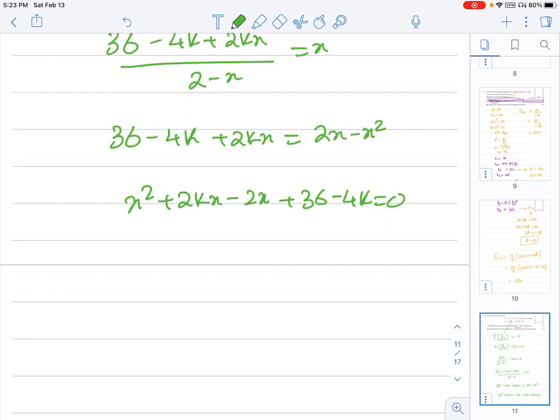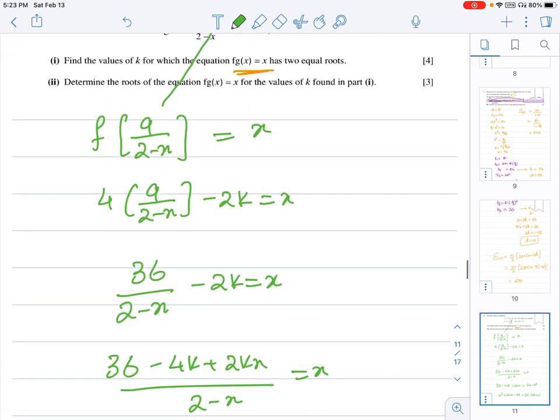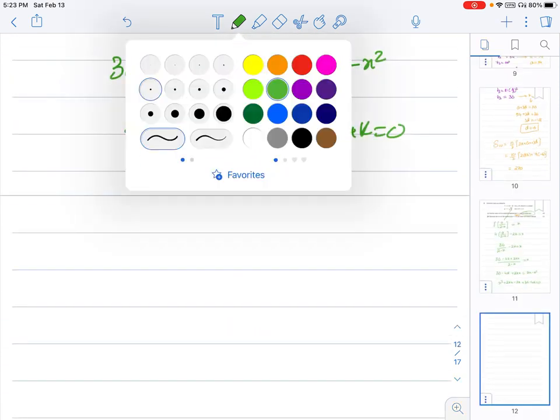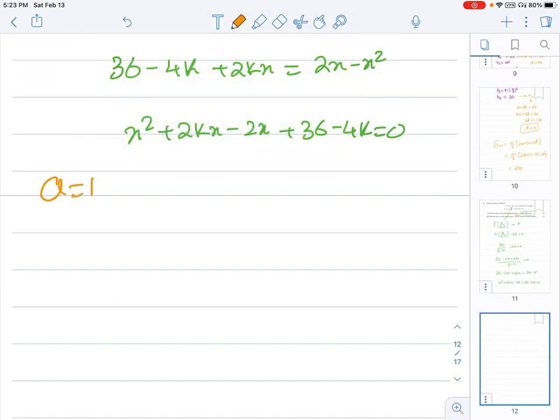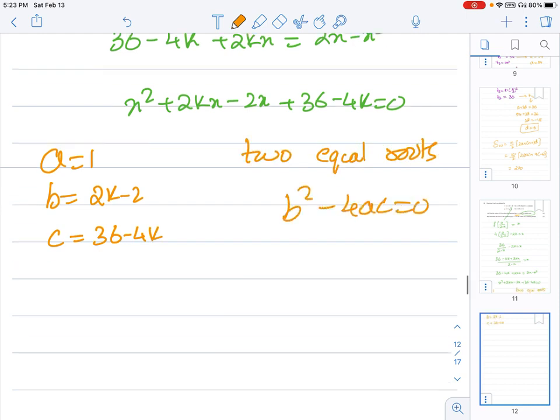I got this one. What else is it saying? It has two equal roots, that is the most important thing. So my a value is 1, b value is 2k minus 2, and c value is 36 minus 4k. Whenever there are two equal roots, b squared minus 4ac is equal to 0.